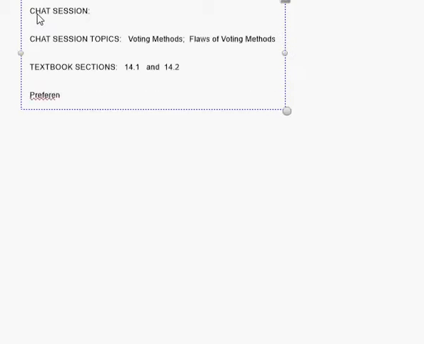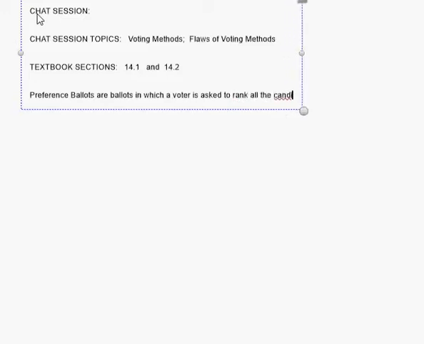Preference ballots are ballots in which a voter is asked to rank all the candidates in order of preference.